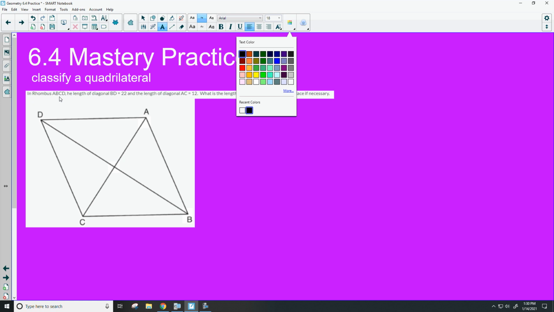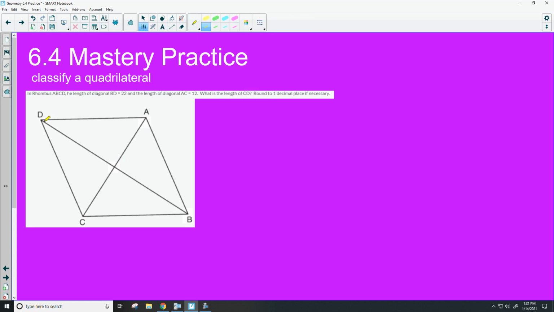It says in rhombus ABCD, the length of diagonal BD is 22, which means that each part, because remember diagonals bisect each other, so AC cuts BD in half, so this side will be 11 and this side will be 11 because it has to add up to 22. It says the length of diagonal AC is 12.